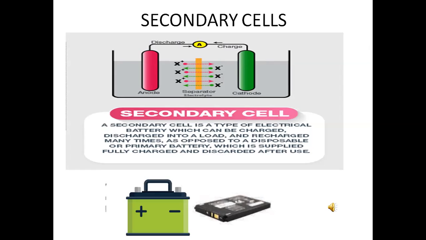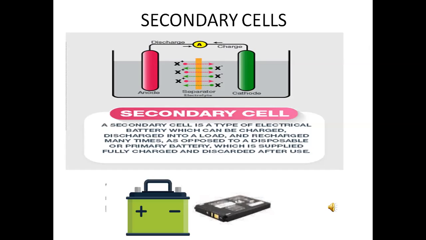A secondary cell is a type of electrical battery which can be charged, discharged into a load and recharged many times, as opposed to a disposable or primary battery, which is supplied fully charged and discarded after use.